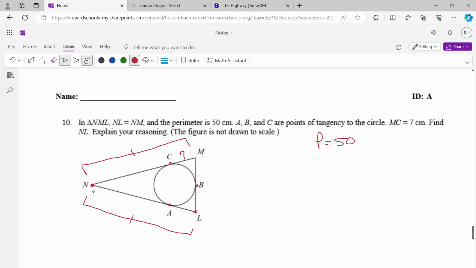So if these two big sides are congruent to each other, then we've got an isosceles triangle. And if we've got an isosceles triangle, we know from the tangent rule that if MC is 7, then MB is 7.